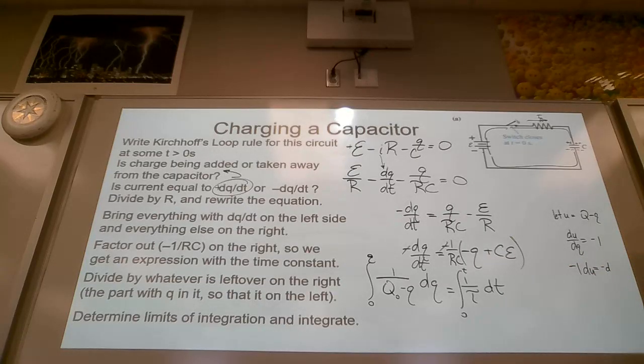Okay. And then we go Q over Q naught minus Q. Yes. Natural log. I hope this works. It'd be a shame if we go through all this and we don't get it to work. Oh, where's my negative?